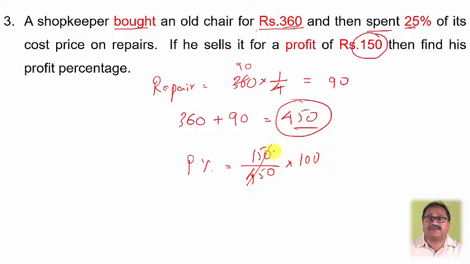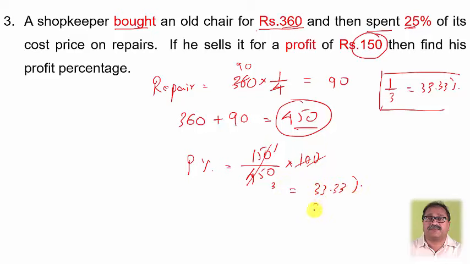But you can see this part is 1 by 3, and 1 by 3 is 33.33%, so I don't need to write this 100. We can ignore this part because we know that 1 by 3 is equal to 33.33%. So my answer here is 33.33% or 33 1 by 3%.